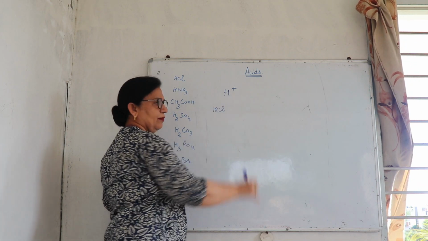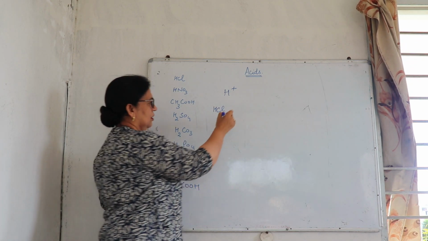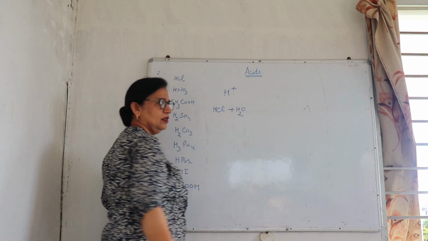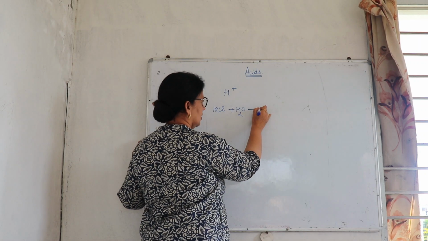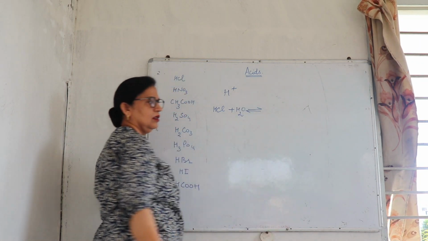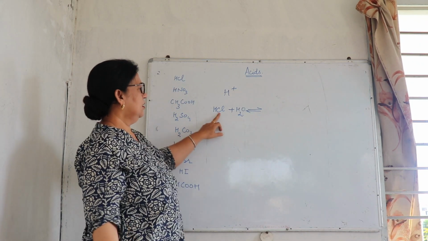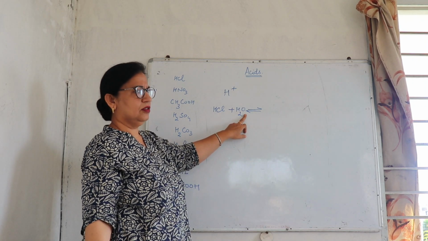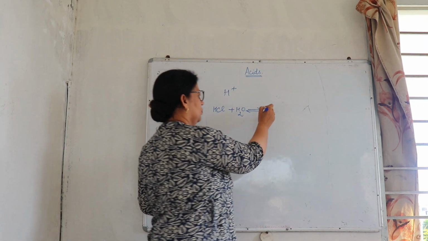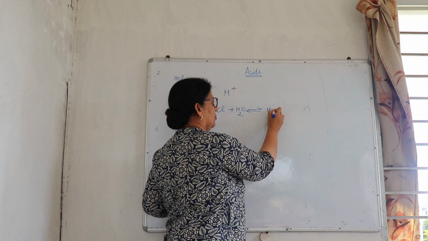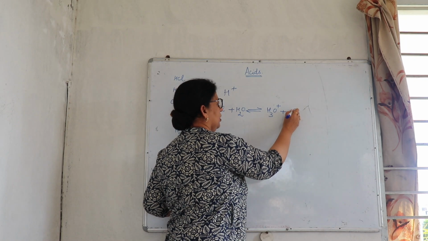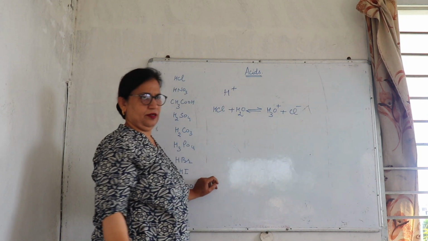An acid is a chemical compound which, when dissolved in water, produces hydronium ion as the only positively charged ion.